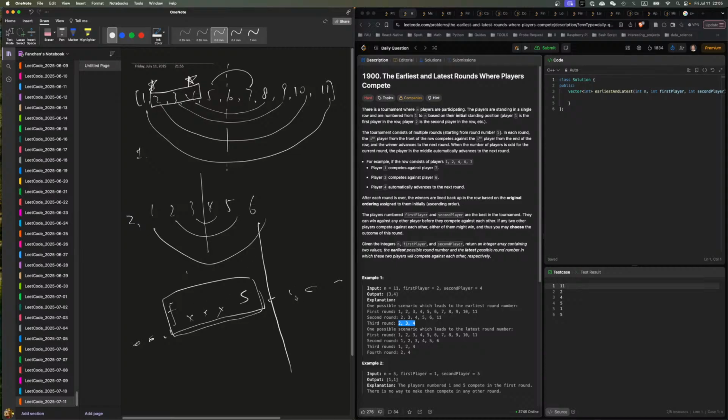If it's on one side, whatever is on the other side, we can always ensure that we keep these win, so these will lose.